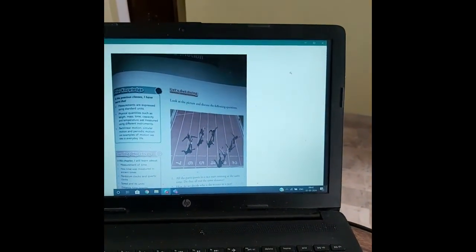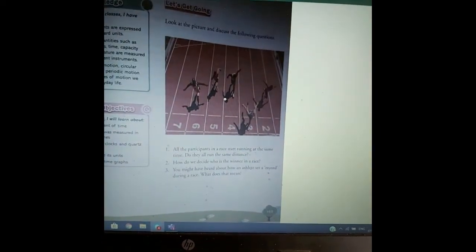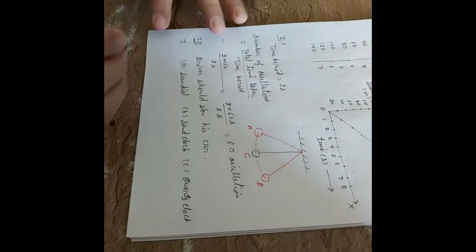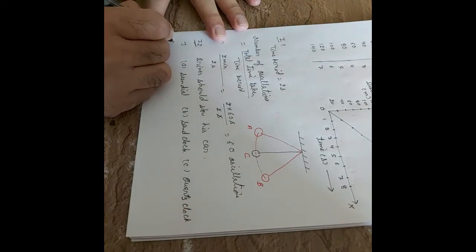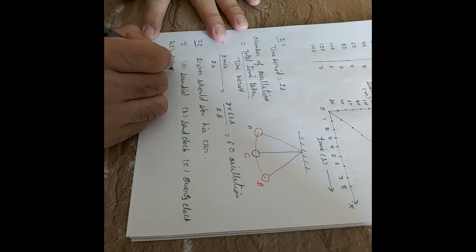Now, let's answer the questions on the basis of the given picture. Now, the first question is the let's get going part.